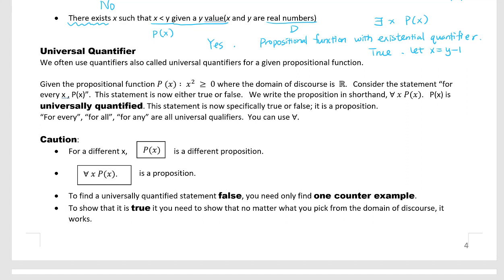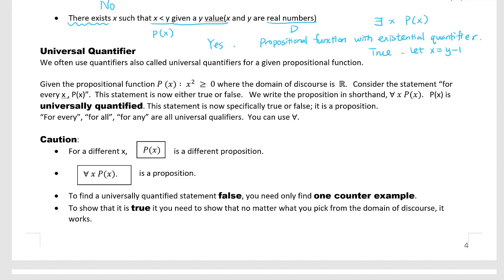In other words, for every, for all, for any, they are all universal quantifiers. You can use the symbol for all. It's like the letter A, upside down.